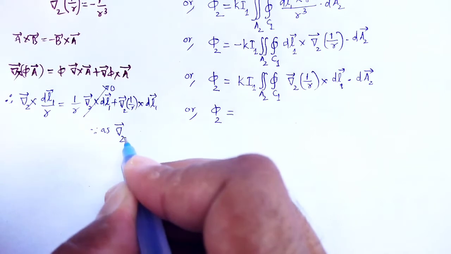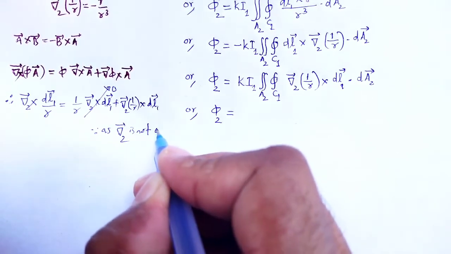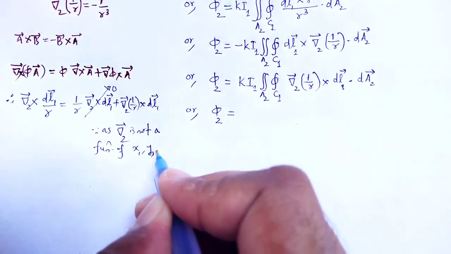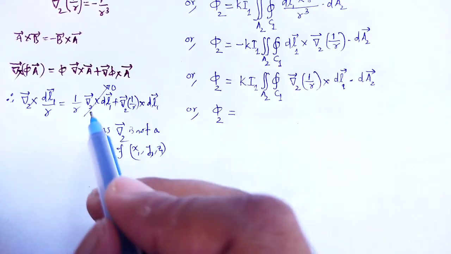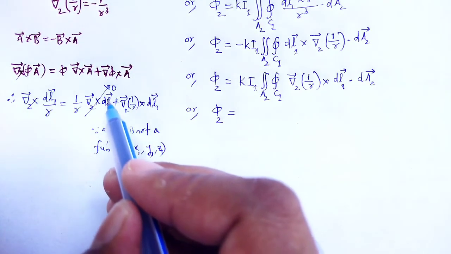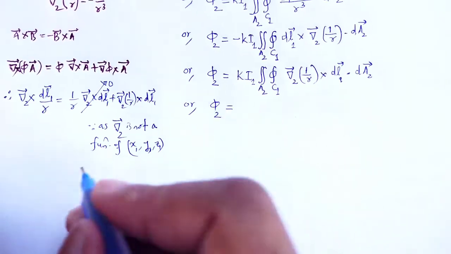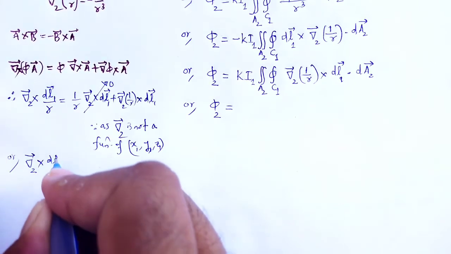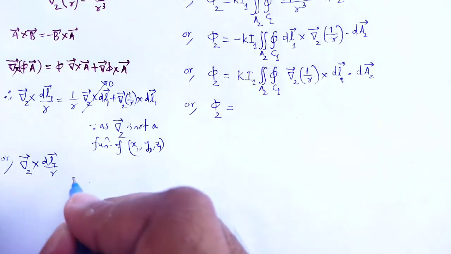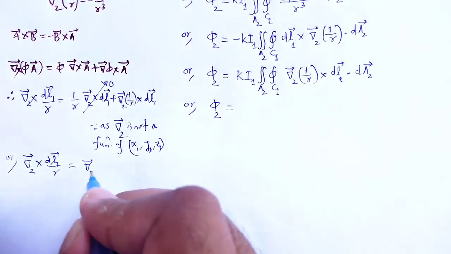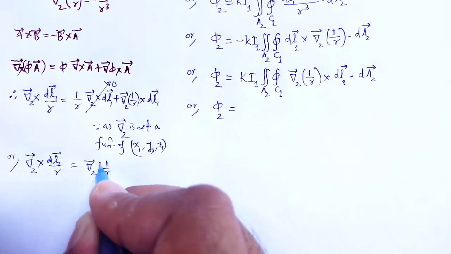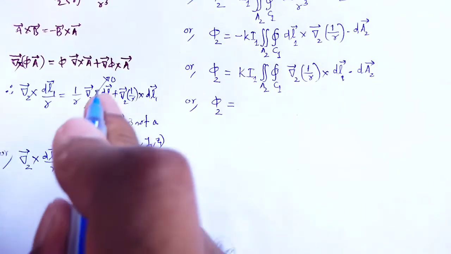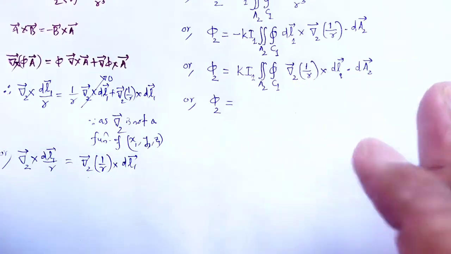As grad 2 is not a function of x1 y1 z1, that's the reason the cross product of grad 2 cross dl1 vector will be 0. Therefore, grad 2 cross dl1 by R is equal to grad 2 1 by R cross dl1. That result is put into the given equation.